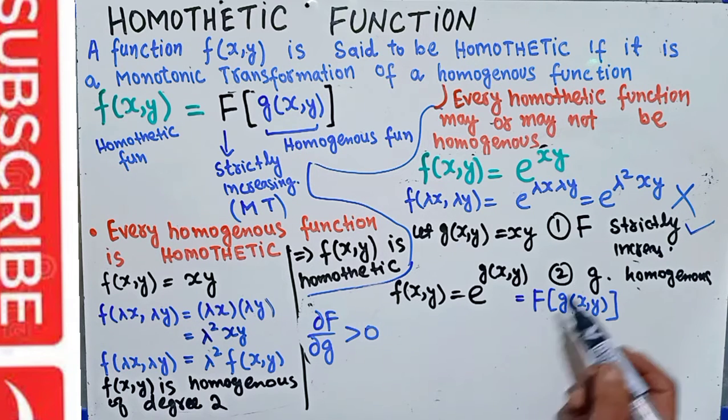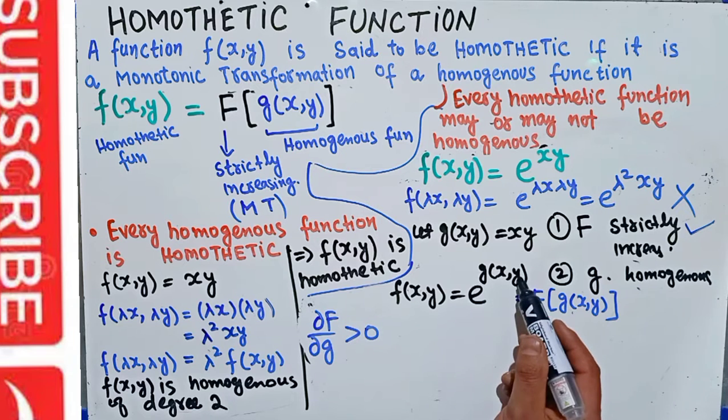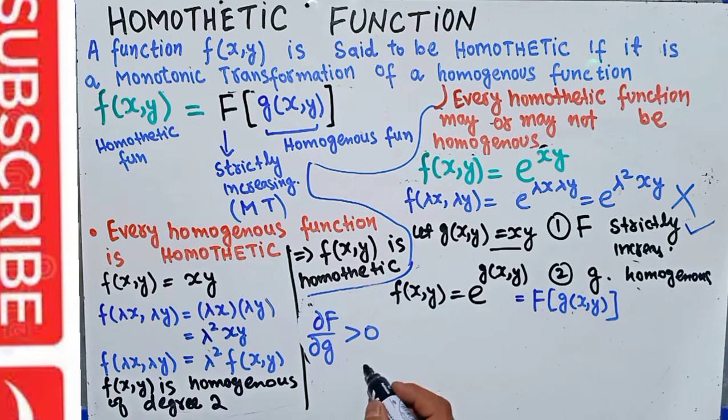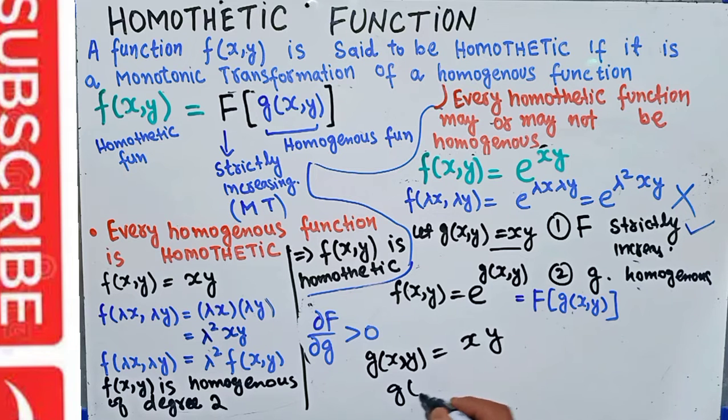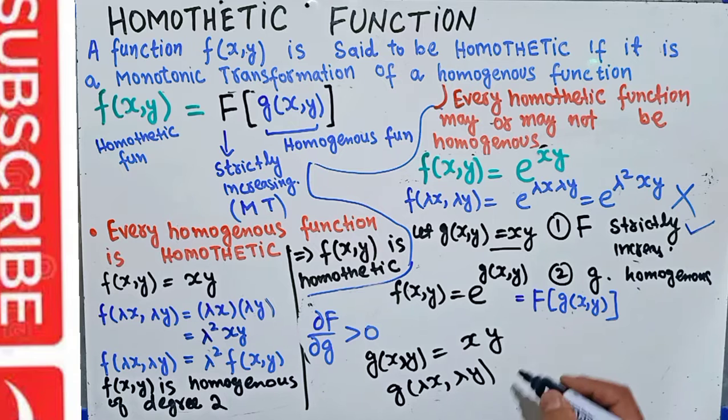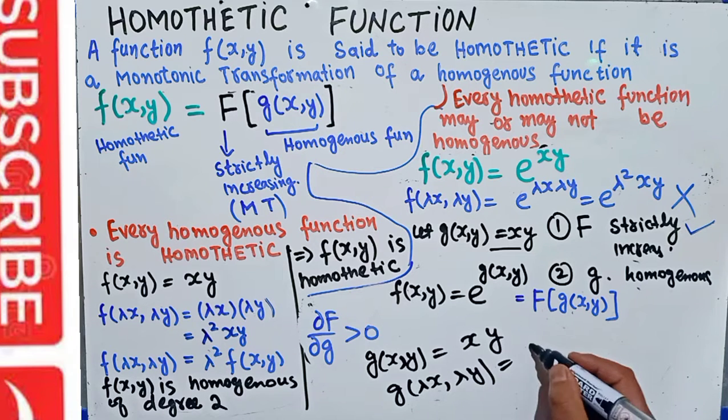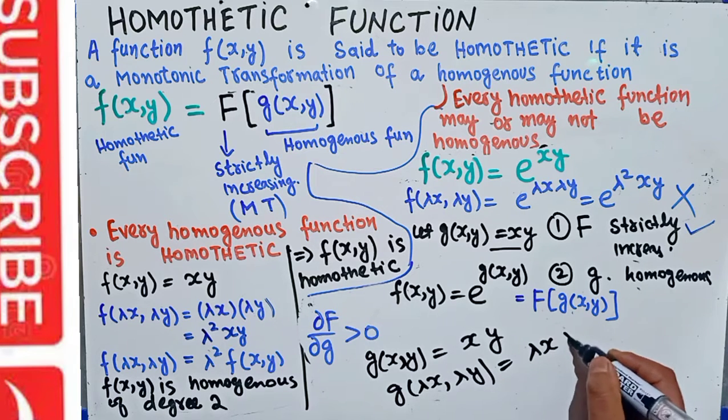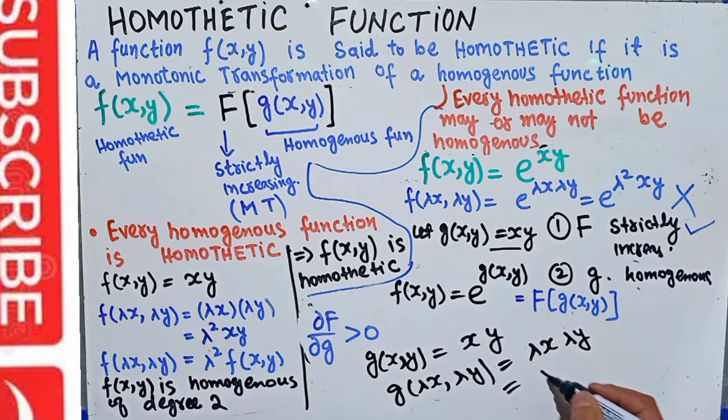Second, we need to prove that g of xy is homogeneous. g of xy is equal to xy, and if we increase both x and y by a factor lambda, we get lambda x times lambda y, which gives lambda square xy, which is equal to lambda square g of xy.